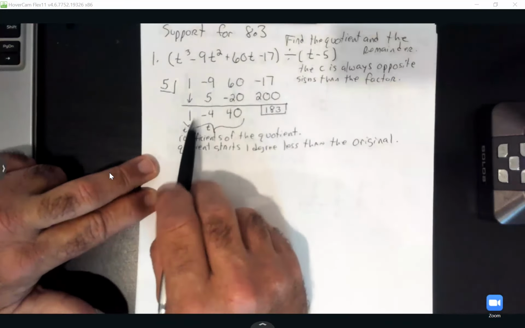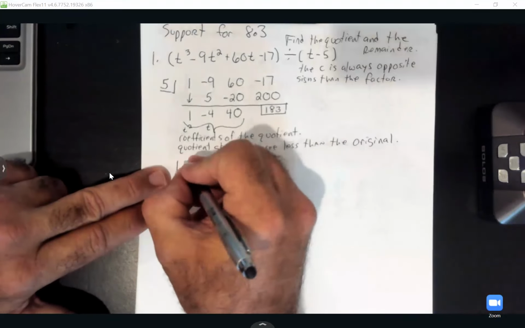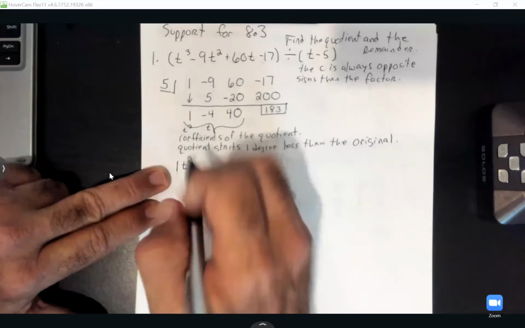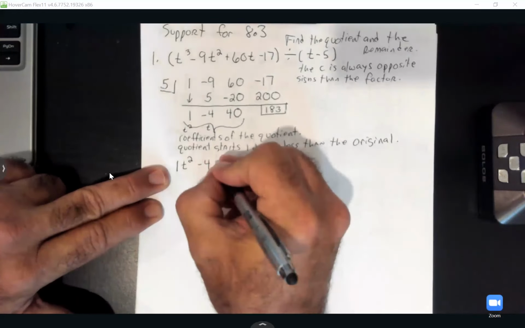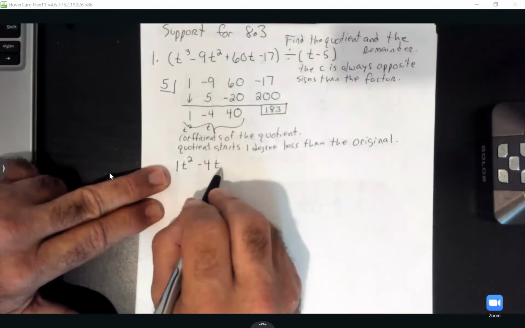So y'all, here we go. This means I got 1 t squared. So 1 t squared minus 4t. So I'm just going in order now, starting with my highest exponent going down.